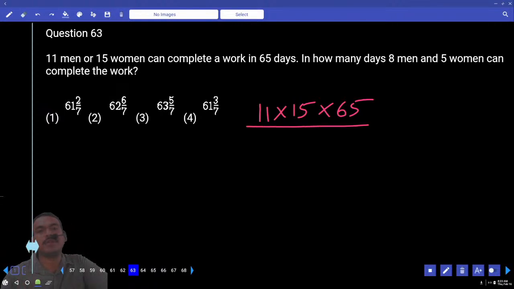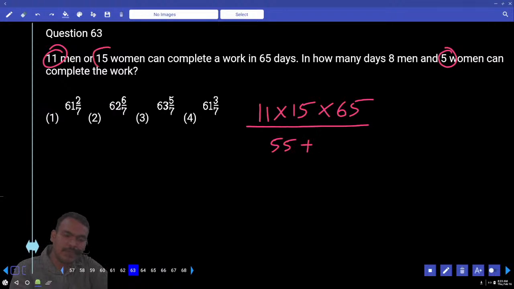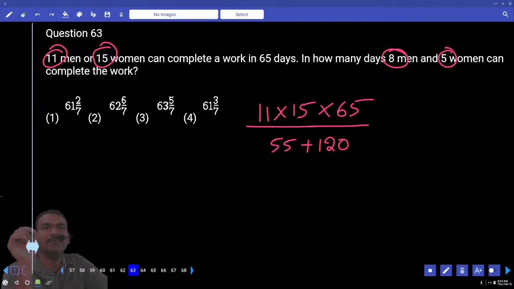Again the sum means we write 11 into 5, which is 55, plus 15 into 8, 120. The numerator is the product, the denominator is the sum. Just cross multiplication: 11 into 5, and 15 into 8.